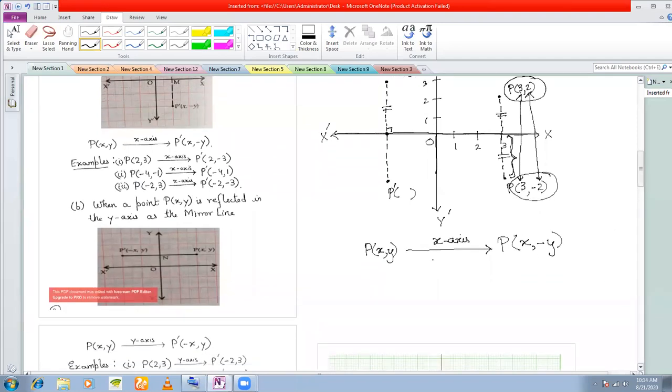So suppose I give you a point P(-1, -2) and I want to reflect this in the x-axis, then directly you can write the image P dash: the x coordinate will remain the same, -1, and you only change the sign of the y coordinate. So this is the rule to find the image of any point when reflected in the x-axis.